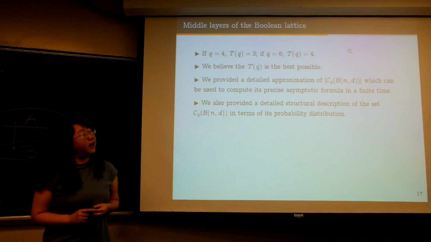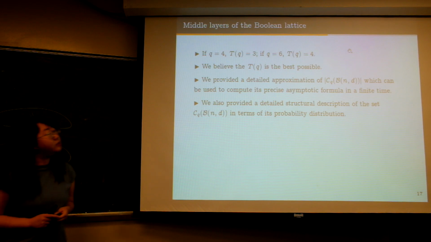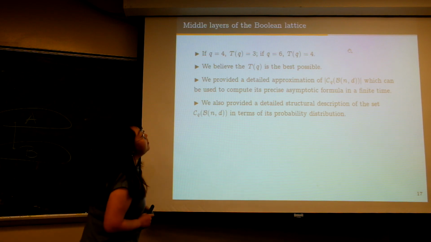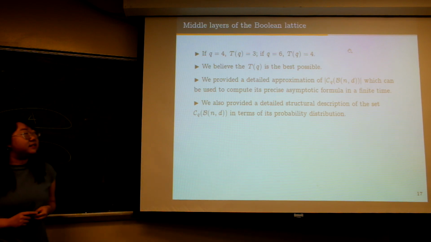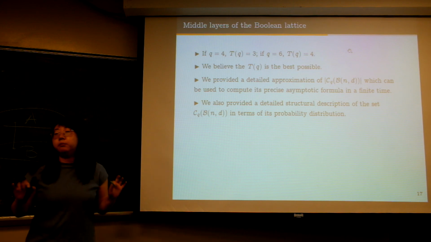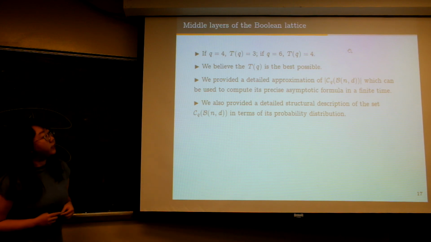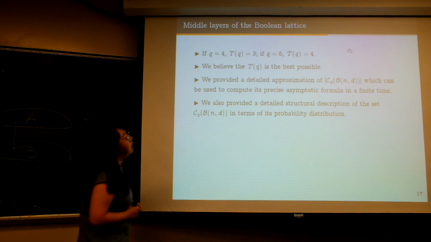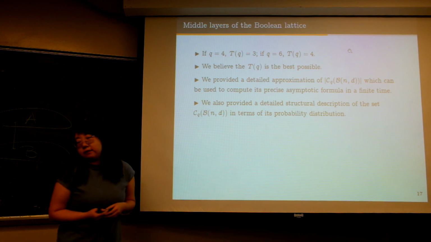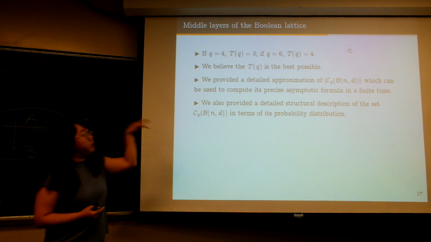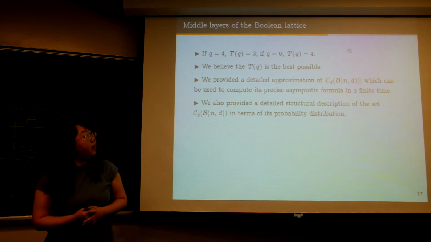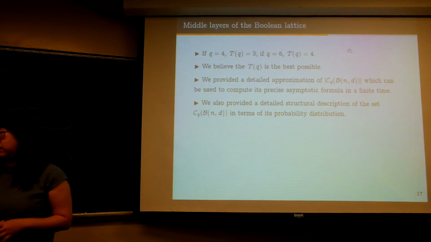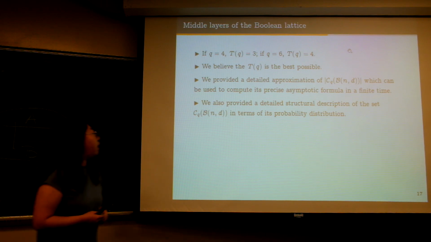It's some counting, but we couldn't do it. We also provide a detailed approximation for the number of proper colorings when Q is even. And similarly to the Jenssen-Keevash result, our formula can be used to any precision you want because it's a convergent sequence.